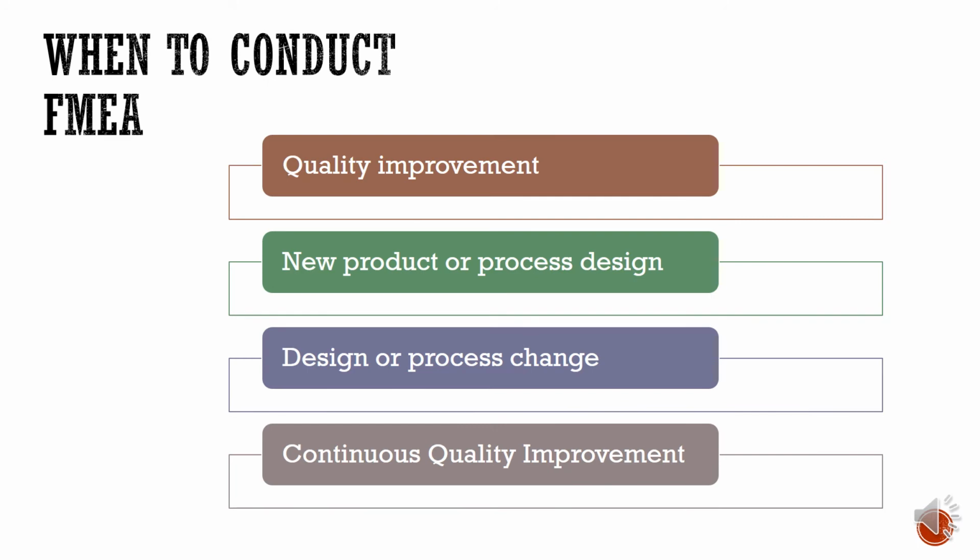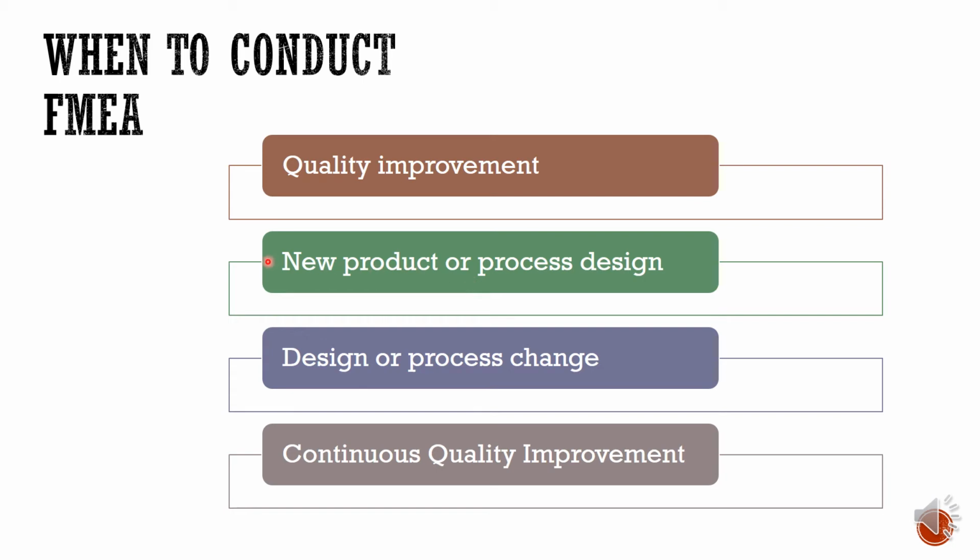There are several times at which it makes sense to perform failure mode and effect analysis. The first one is when we have a quality improvement goal for a specific process. So we have targets to achieve, then we perform FMEA. Or when we are designing a new product or process.